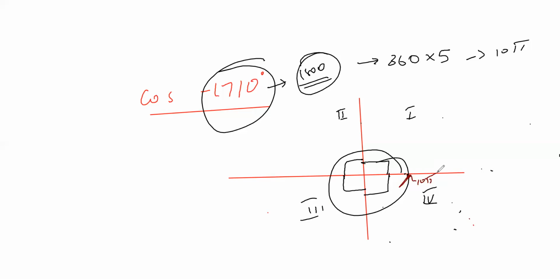But for us, if you take the negative 1800, where will this come? This will come in this position. If I am taking minus 1800, this will come at this position.